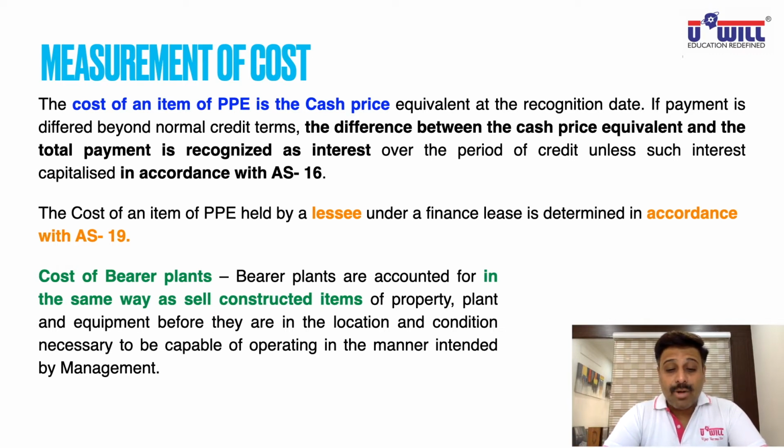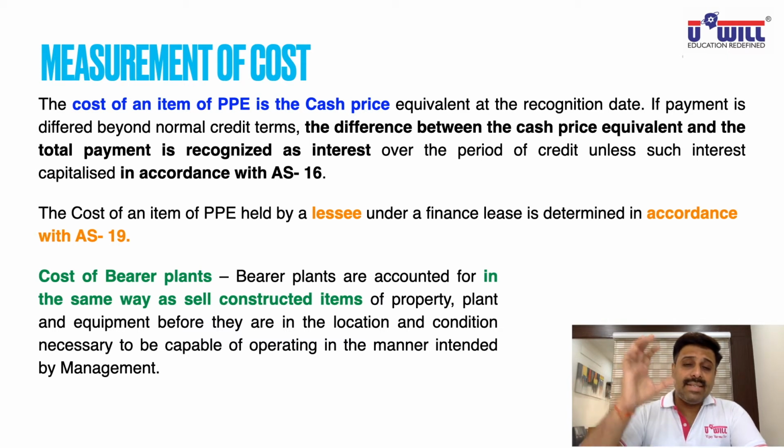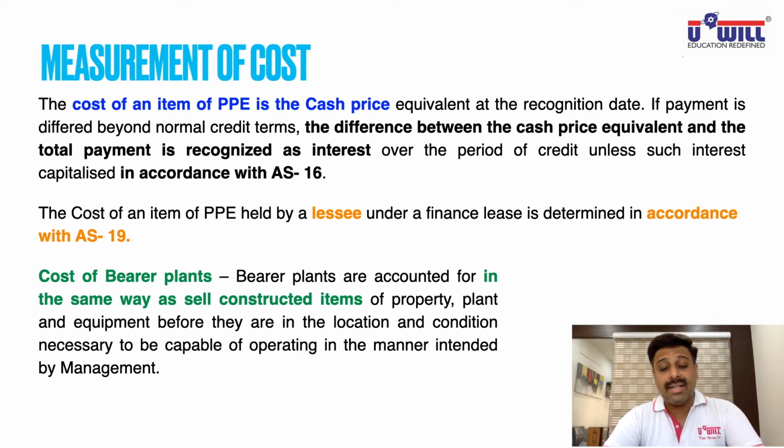Bearer plants are accounted for in the same way as self-constructed items of property, plant and equipment. Means the same rules are applied. Whatever money you incur in setting up that bearer plant will be considered as its cost before it is in the location and condition necessary to be capable of operating in the manner intended by the management.